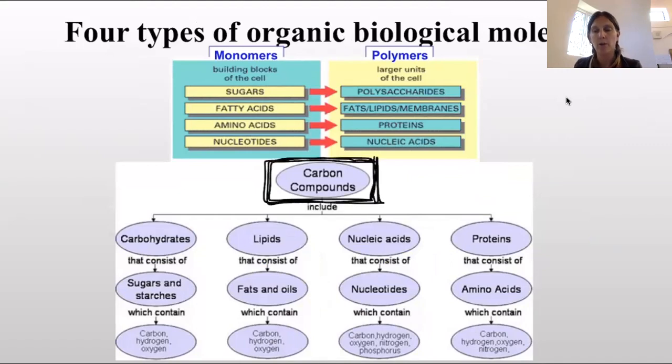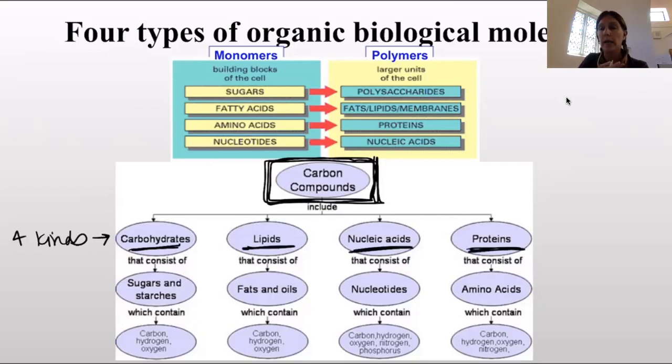Carbon-containing biological molecules are essential for life, and we have 4 kinds. We have the carbohydrates, which are the sugars. We have lipids, which are the fats and the oils. We have the nucleic acids, which make the DNA and the RNA. And then we have proteins, which do everything.